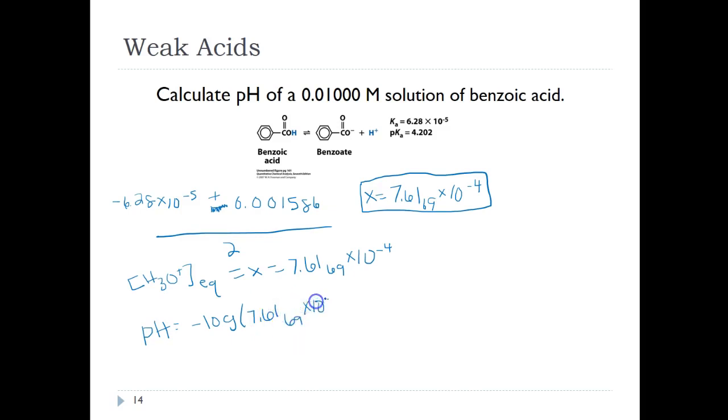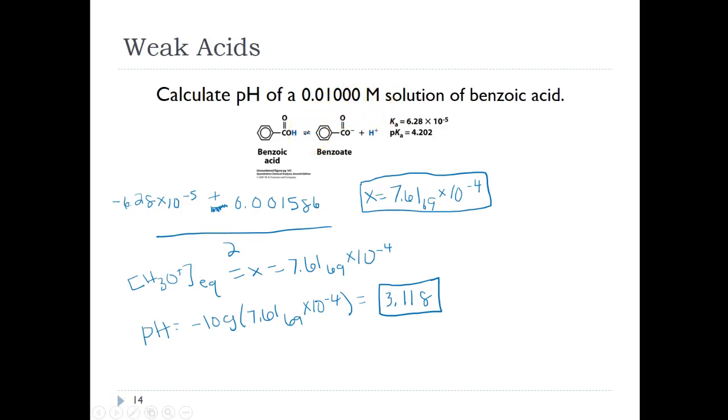I'm going to take the negative log of this x value. This had three significant figures, 7.61, which I guess would be rounded to 7.62. So when I do the negative log of it, I should have three places to the right of the decimal point. So 3.118 is my pH value of a 0.01000 molarity solution of benzoic acid.